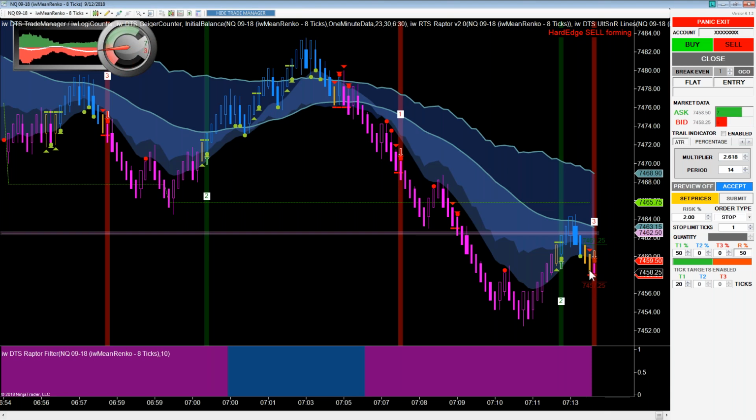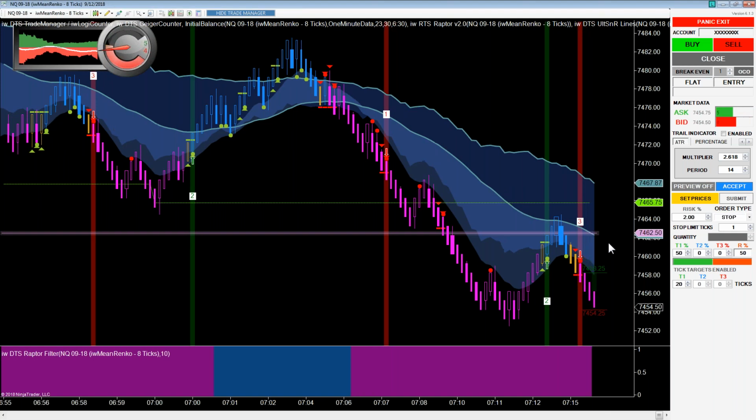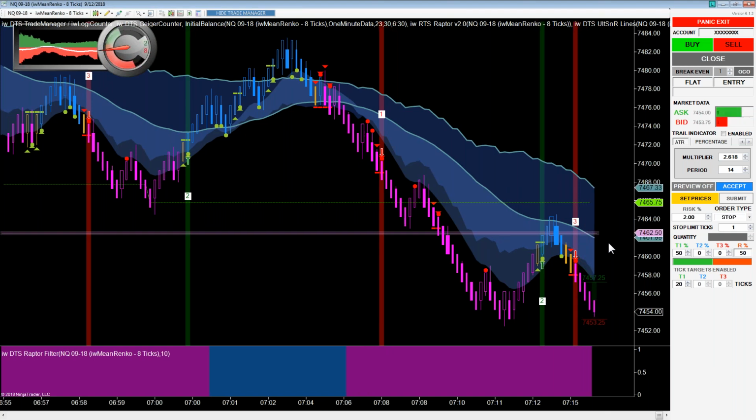And now if this number 3 signal does not follow through and rather comes back with another number 2, that could offer an interesting buying opportunity.